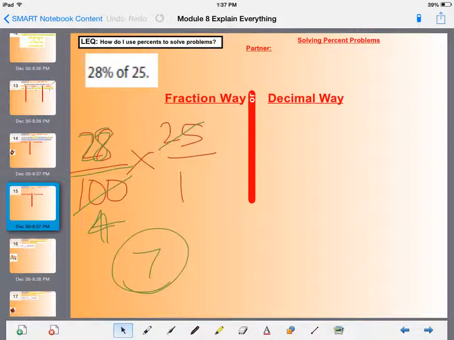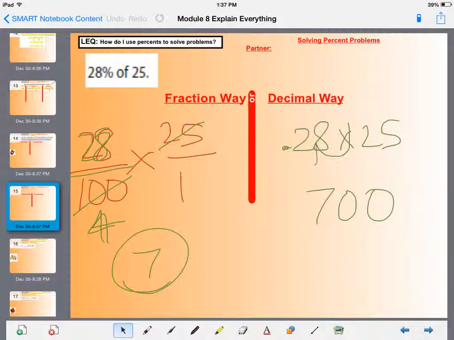That was very simple. The decimal way, we're going to take 28 hundredths and we're going to multiply it by 25. And if we do 28 times 25, we're going to end up with 700. But we can't forget to bring that decimal point over 2 places to the left. And so our answer is 7.